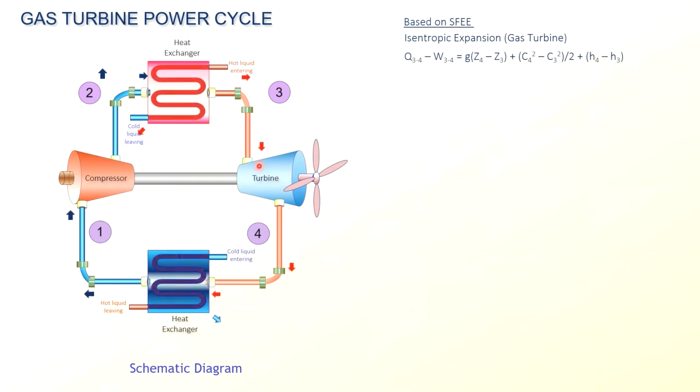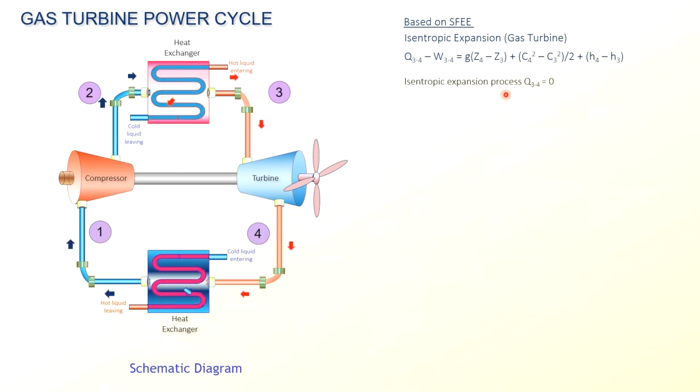enthalpy. Now, in a turbine, since it's an isentropic process, the heat Q34 is 0. The specific potential energy change will be neglected, and the specific kinetic energy change will also be neglected. So what remains is the work from 3 to 4 with the change of enthalpy.